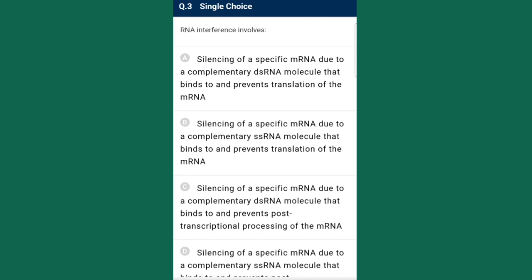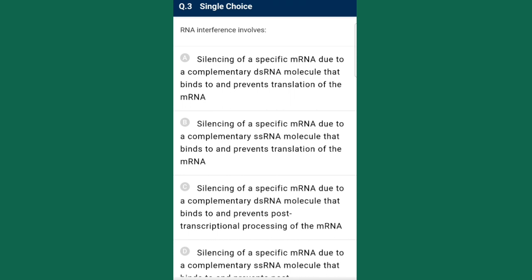Question number 3. RNA interference involves? RNA interference takes place in all eukaryotic organisms as a method of cellular defense. The method involves the silencing of specific mRNA due to a complementary double-stranded RNA molecule that binds to and prevents translation of mRNA, which is called silencing.